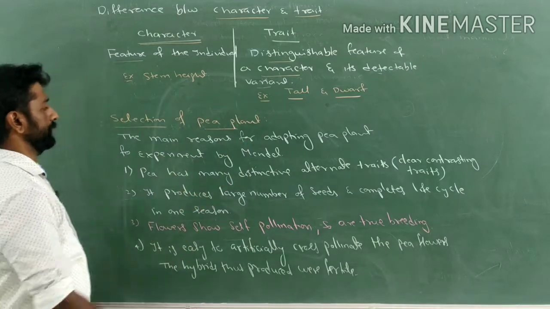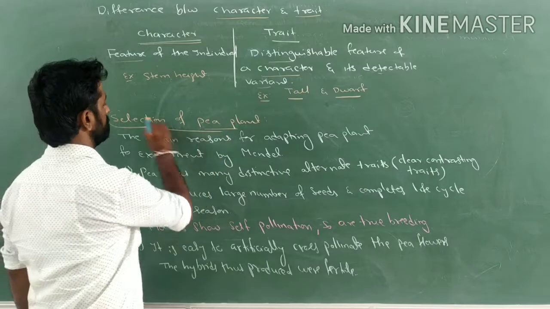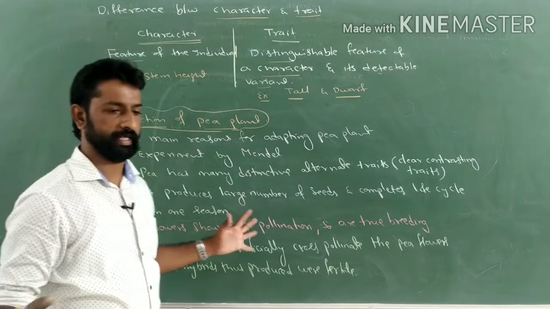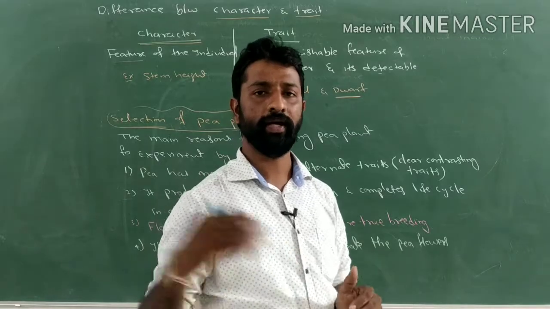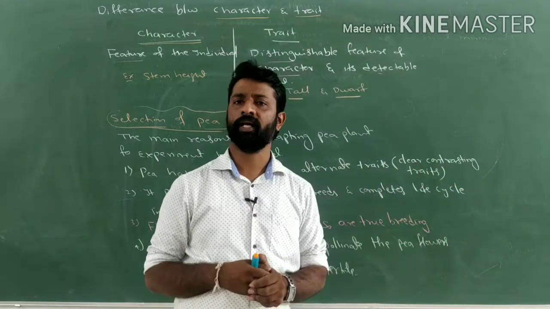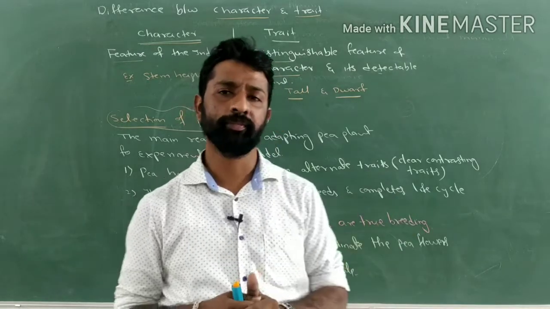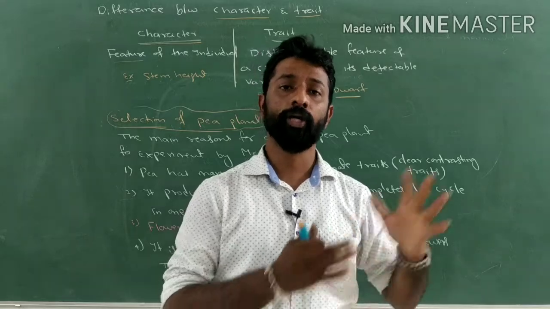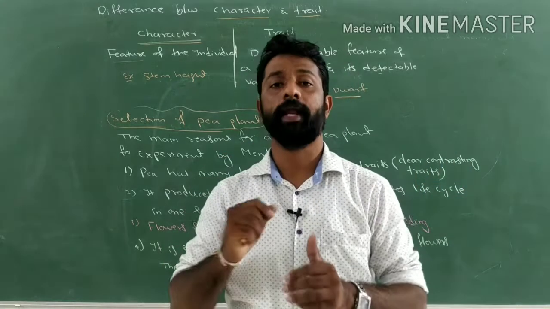Then let's discuss now why Mendel selected the pea plant only as an experimental plant for his experiments. Why not the other plants? You could have chosen the banana plant, the neem tree, the tomato plant. So why not those plants? Why did he select only the pea plant?